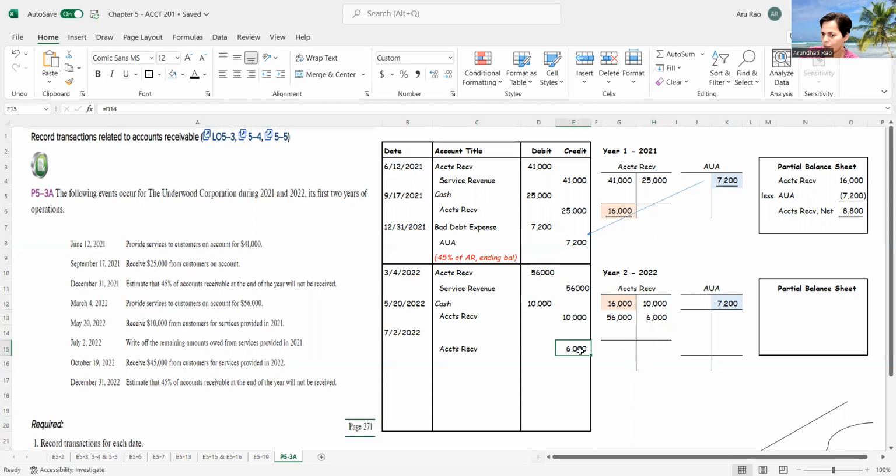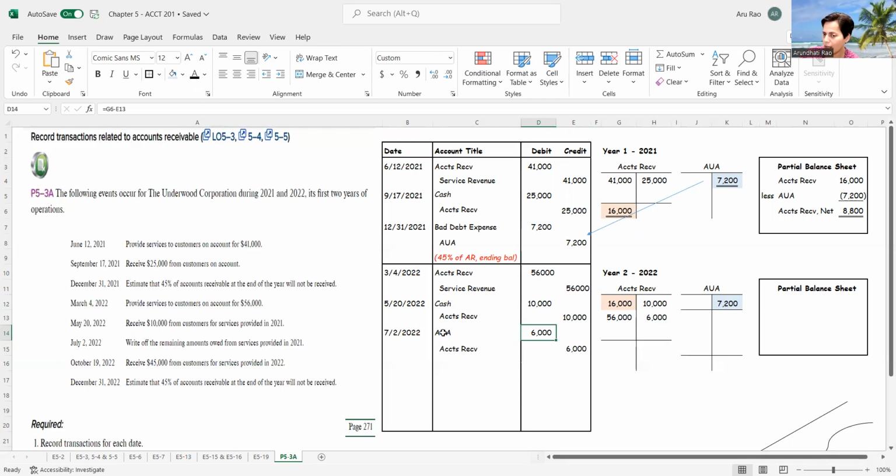When I write this off, since I'm using the allowance method, the account I'm going to debit is allowance for uncollectible account. I had made an allowance. Last year I had said that I think I'm not going to collect 7,200. Well, I collected some of it. 6,000 I didn't collect. So I debit the allowance for uncollectible account. So what I have done over here is I have closed the associated account.